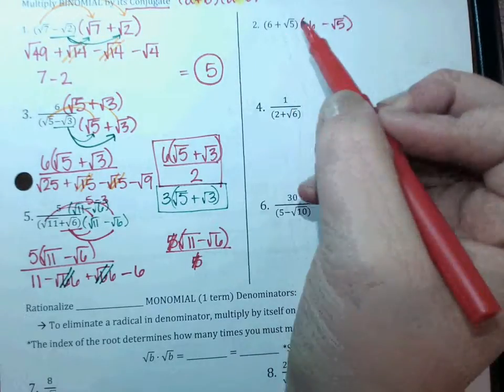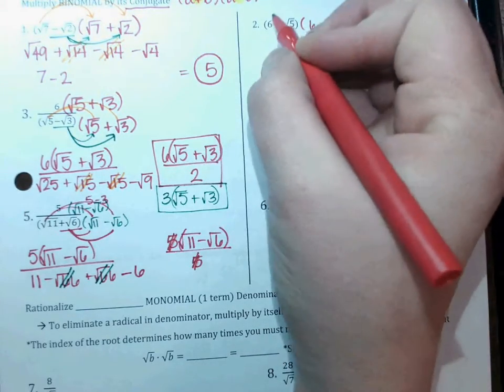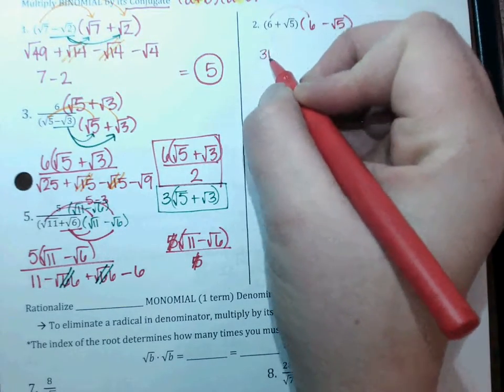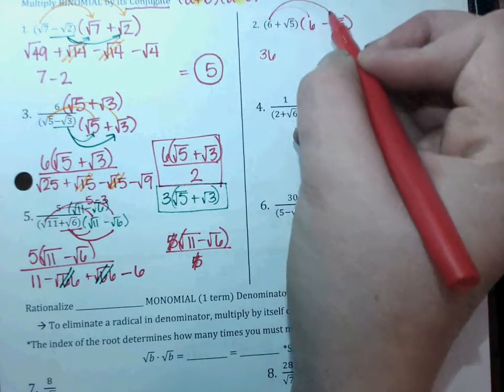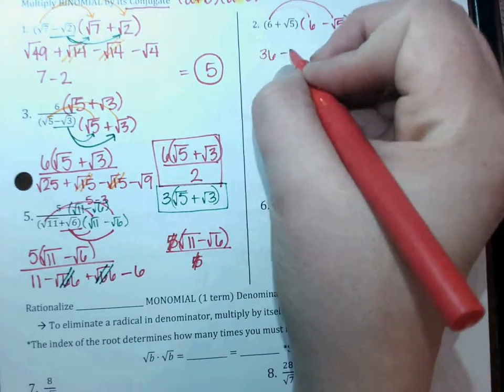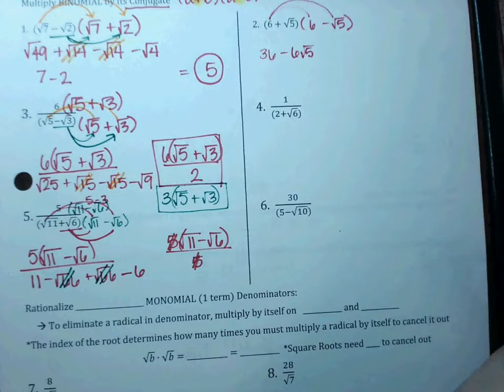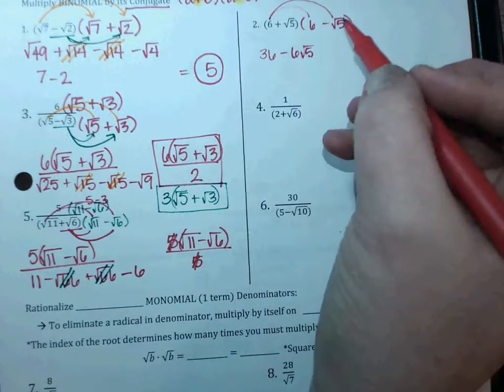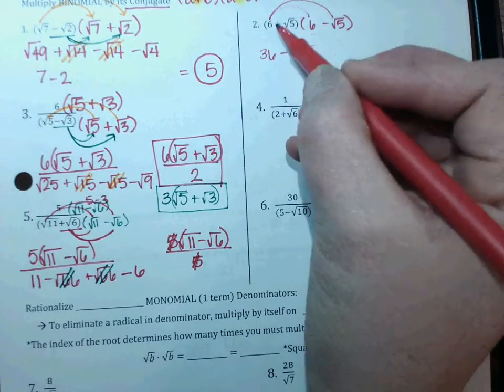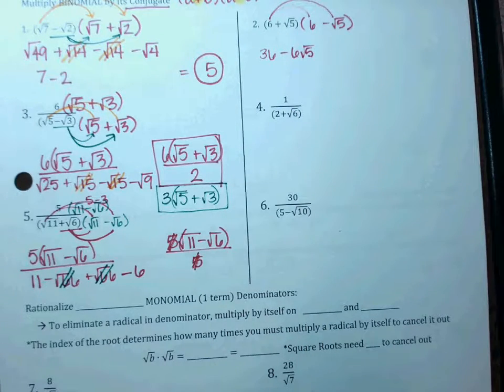Okay, what is 6 times 6? 36. 6 times negative root 5 is negative 6 root 5. Now, why can't I times the 6 and the 5 together? Okay, so 5 is under a square root, 6 is not. Can they go together? No, you have to leave them.